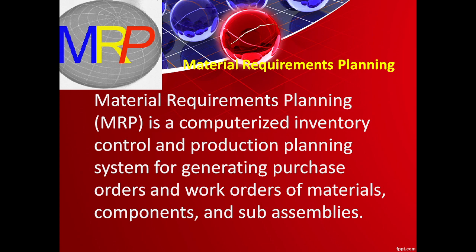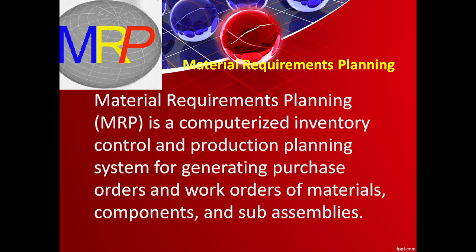Now this particular software, which involves material requirement planning, is the computerized inventory control system in which production planning is done in such a way that it automatically generates the purchase orders and work orders which are required in the form of material components and sub assemblies. Why so?